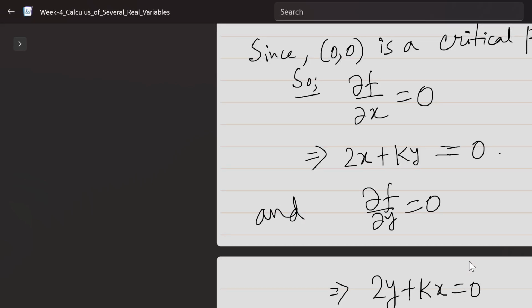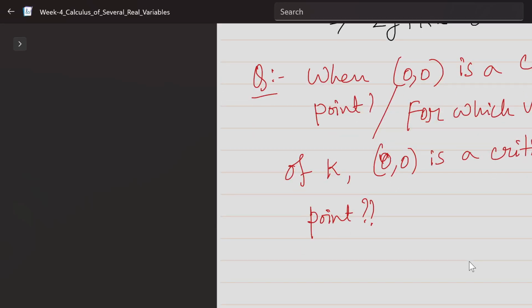For example, if we calculate x equal to minus ky by 2 and substitute it in the other, okay, I will write here then what you are saying. 2x plus ky equal to 0 and 2y plus kx equal to 0, right? First of all, you have to find 0, 0 as the solution of these two equations.